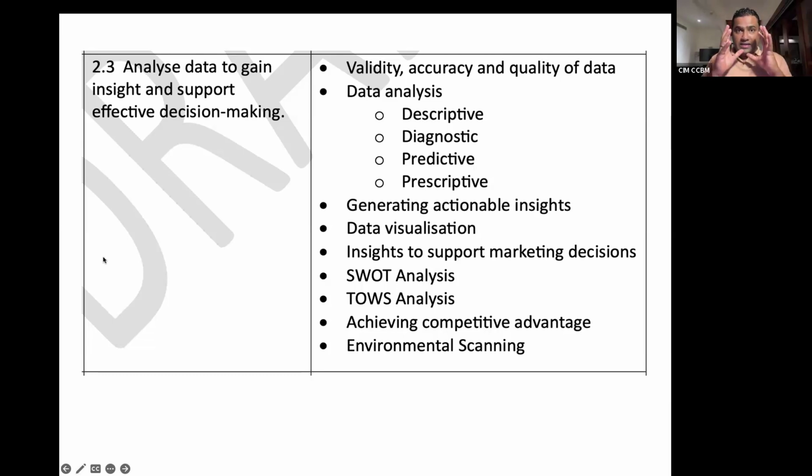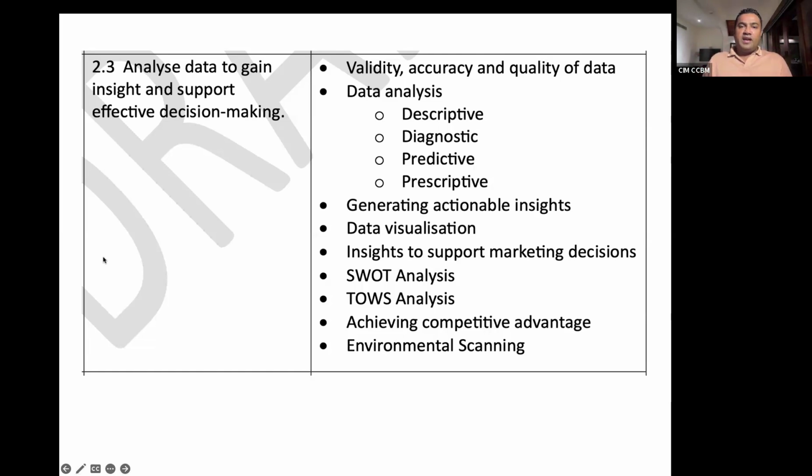All our decisions, all our actions are based on data and information. So it is very important that data has some level of accuracy, validity, reliability, and overall quality. How do you clean data? How do you warehouse data? All this is very important, and we're going to explore that.